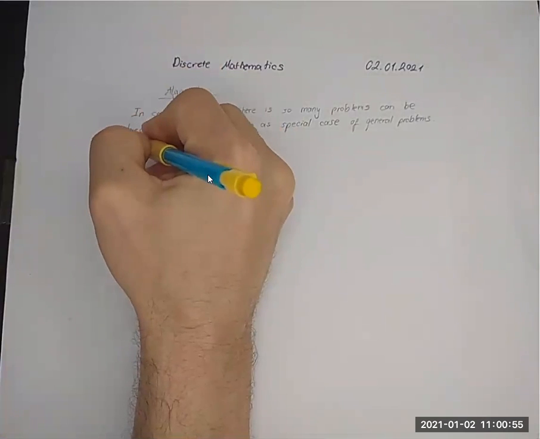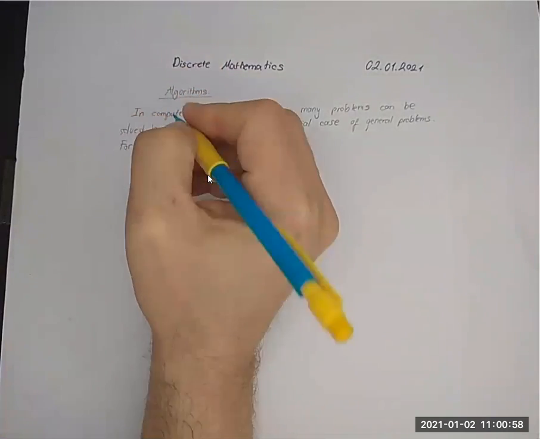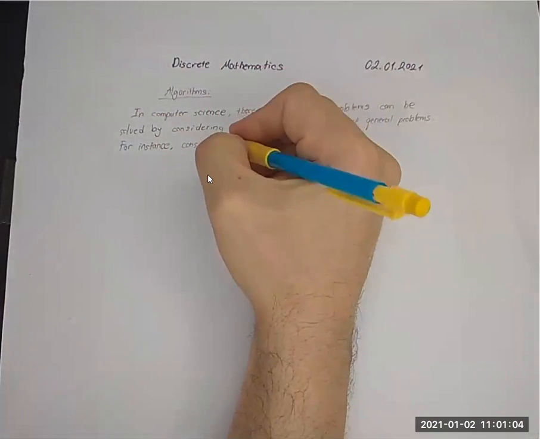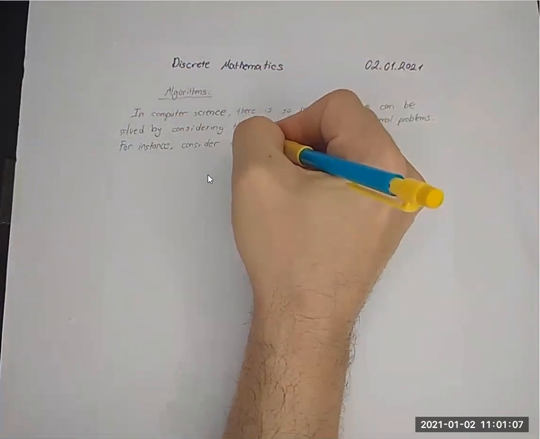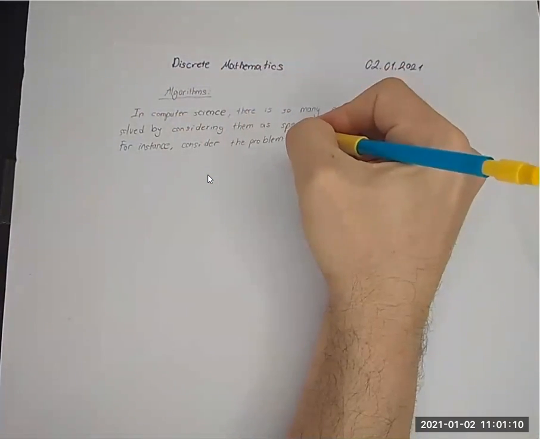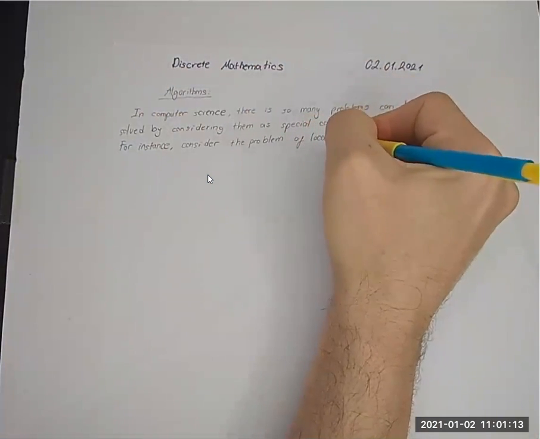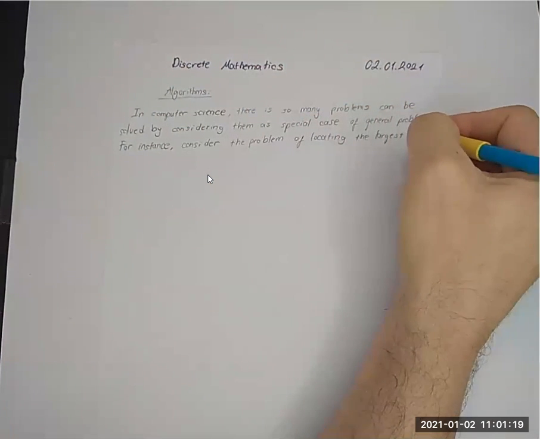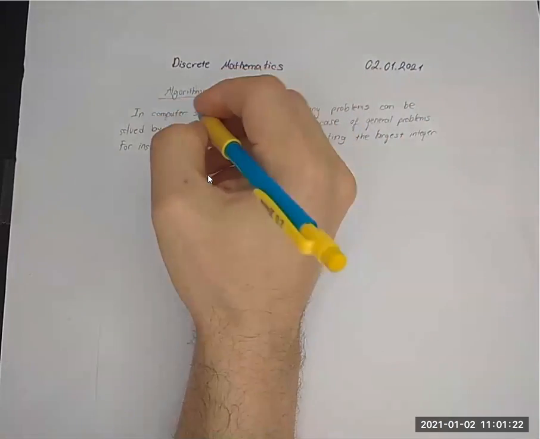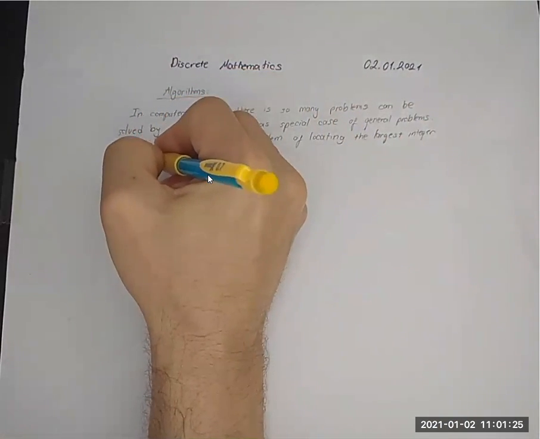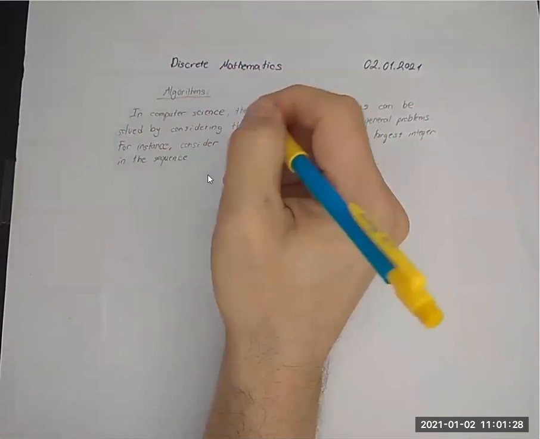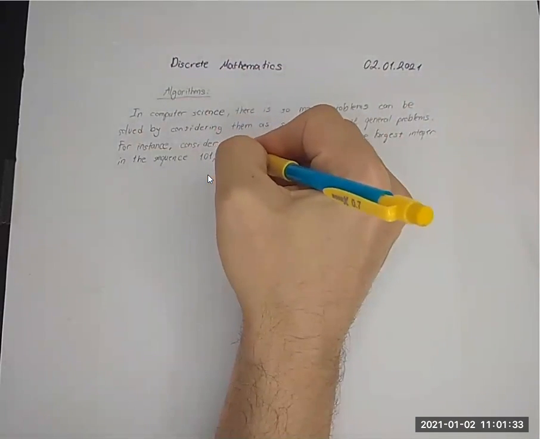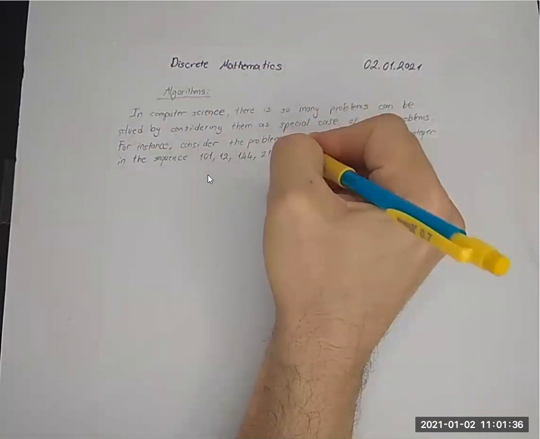Like what? Basically, or commonly, you will see this kind of problem: locating the largest integer in the sequence, like 1, 0, 1, 12, 144, 212, and 98.